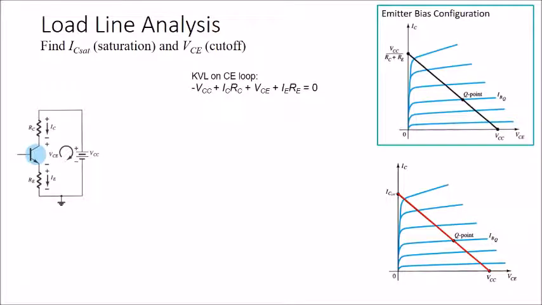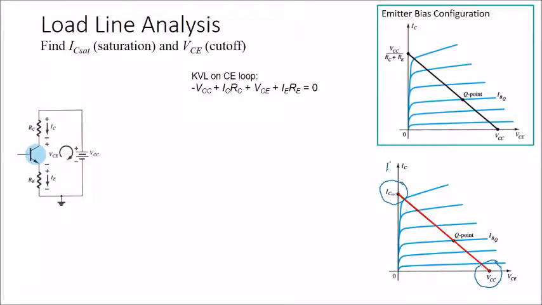For the load line analysis, again, this is totally the same as the emitter bias configuration. Just as a reminder, we have two points: we have to find the IC saturation, and we also have to find the VCE when IC equals 0.